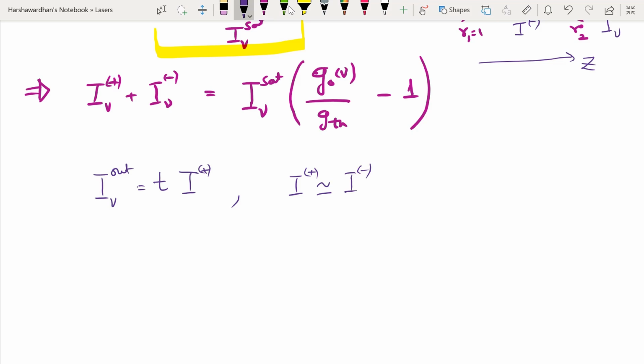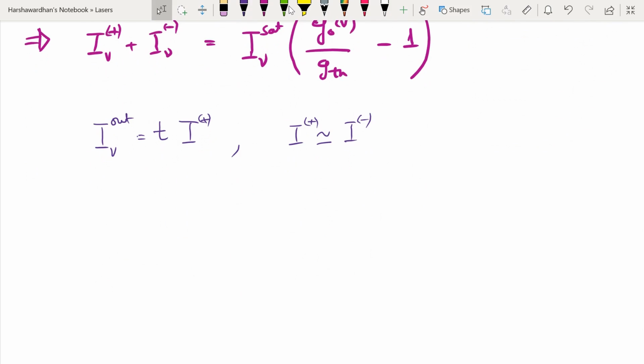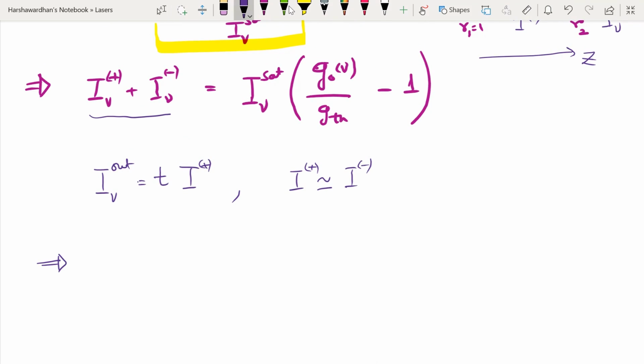Those two quantities would be significantly different, because a large fraction of the I plus would not be reflected but would be taken out. Because the reflectivity is close to 1, I plus and I minus are more or less comparable. So given that, I can replace the left hand side of this equation by a factor of 2 times I plus. So you see, I can rewrite my I out as the following.